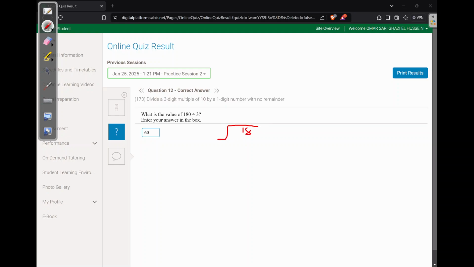Okay, now 1 is 0 by 3. Okay, now that's 3. Something that's close to 18 is a 6, minus that. That's 0. And now we add that 0. And now we put a 0 here. And now we're done. And now we just minus those. And then there's of course no remainder.